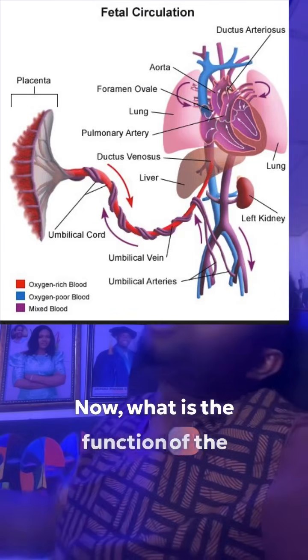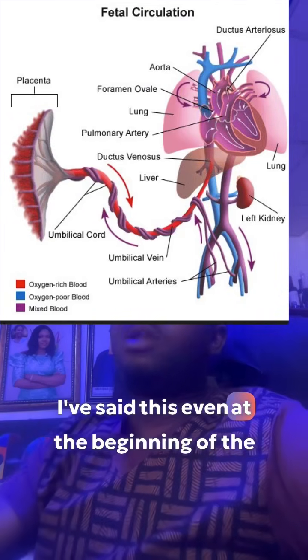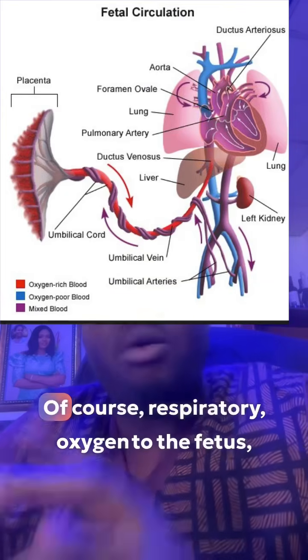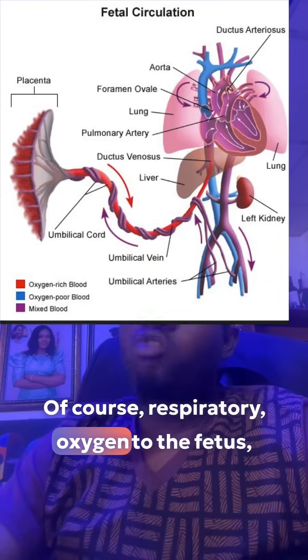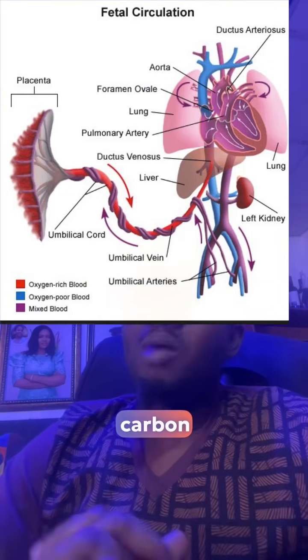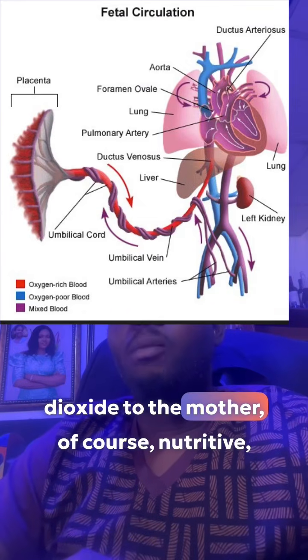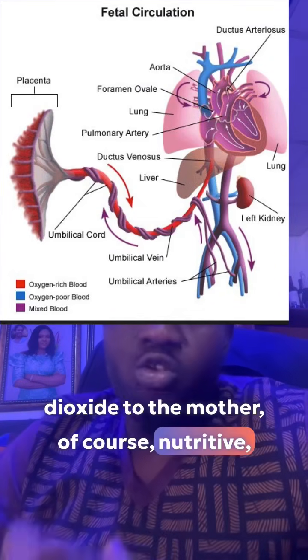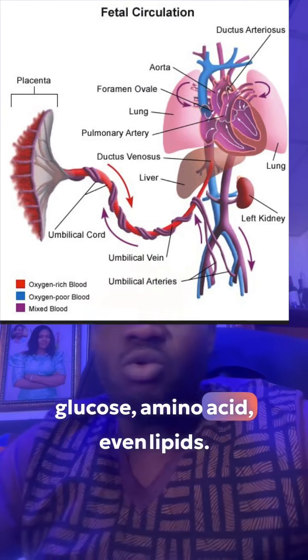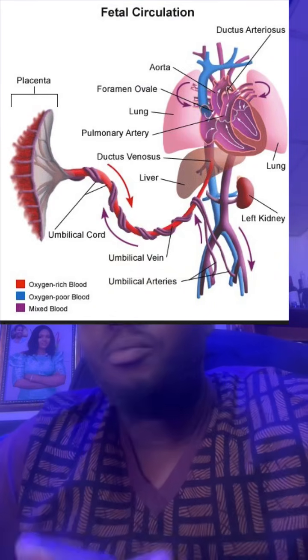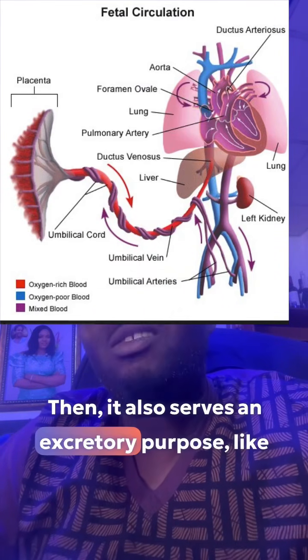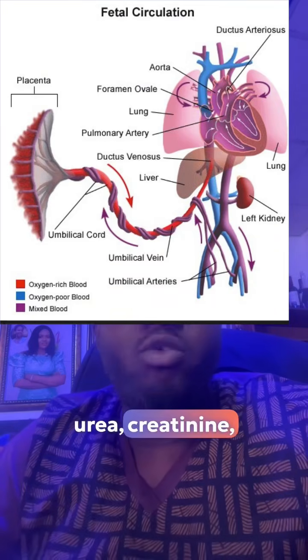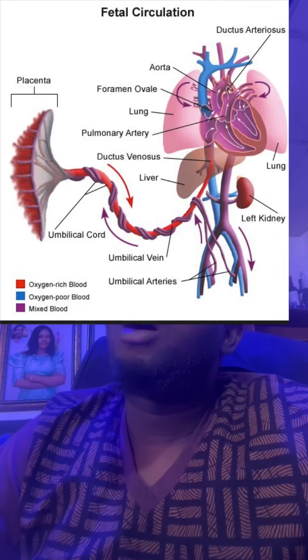Now, what is the function of the placenta? I've said this even at the beginning of the video. Respiratory: oxygen to the fetus, carbon dioxide to the mother. Nutritive: glucose, amino acids, even lipids. Then it also serves an excretory purpose, like urea, creatinine, bilirubin.